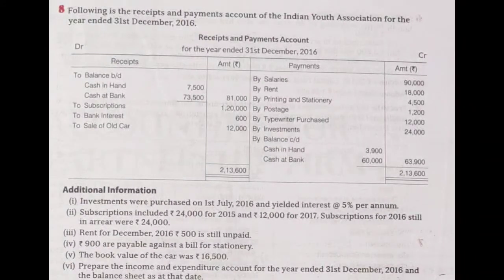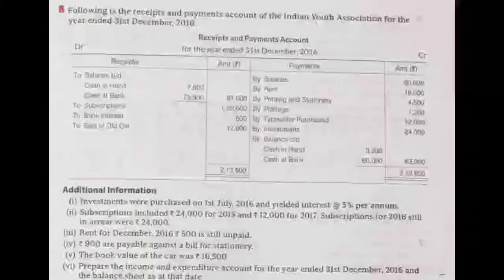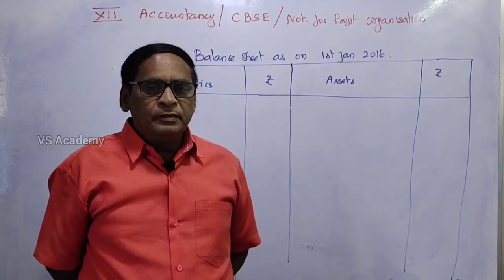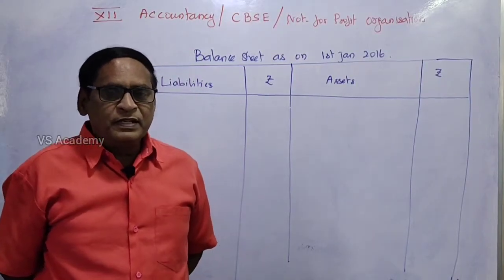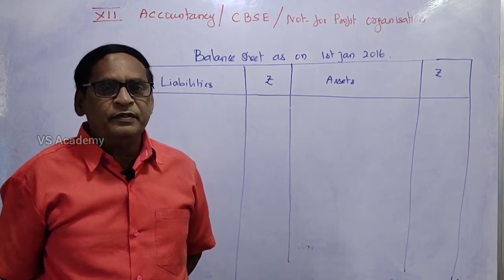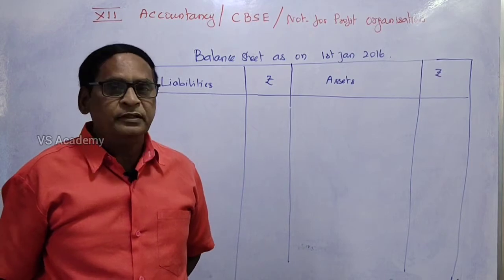Now you have to prepare the income and expenditure account for the year ended 31st December 2016 and the balance sheet at that date. Let us prepare the opening balance sheet and then the income and expenditure account on the board. My dear students, in this problem there are 3 stages. The first stage, you have to prepare the income and expenditure account for the year ended 31st December 2016.